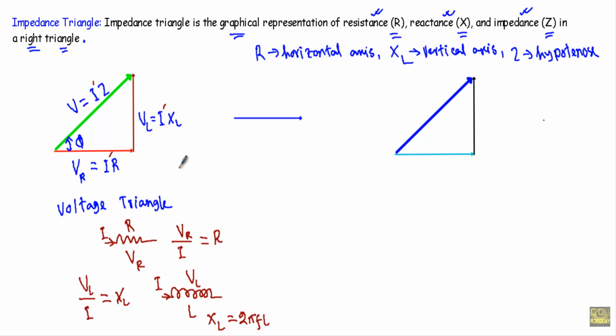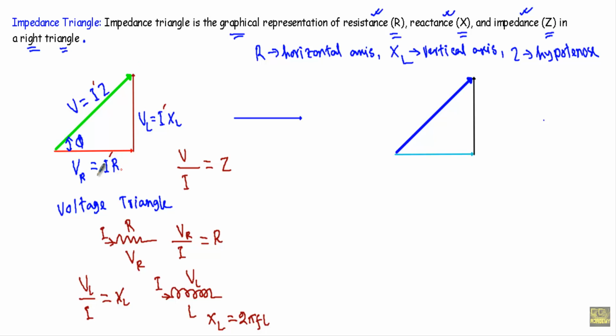And if in a circuit the applied voltage is V and the total current in that circuit is I, if I take the ratio of applied voltage V and the total current I, I will get the impedance of that circuit. Therefore, if I divide the voltage components with the current, I will get the impedance, resistance or reactance.